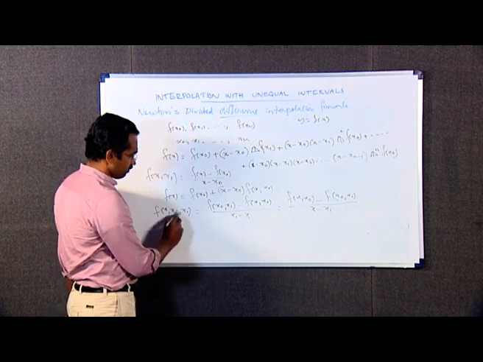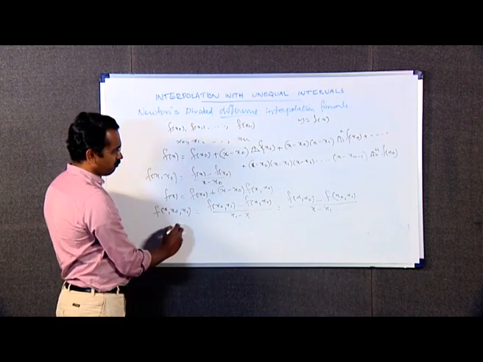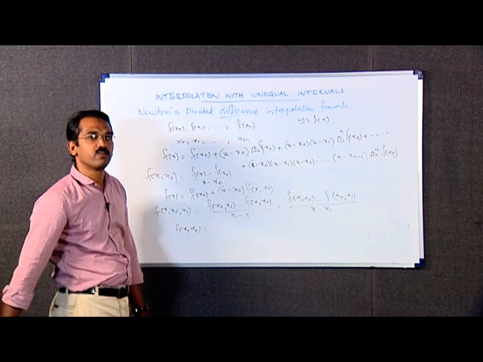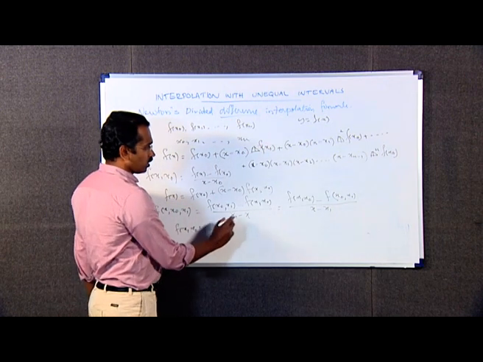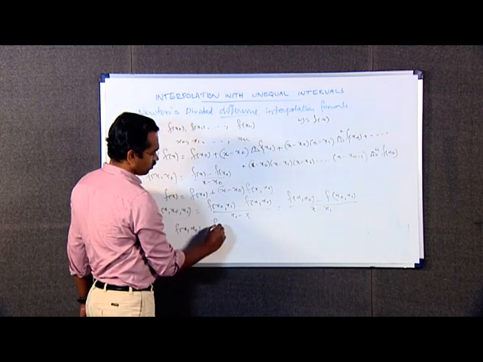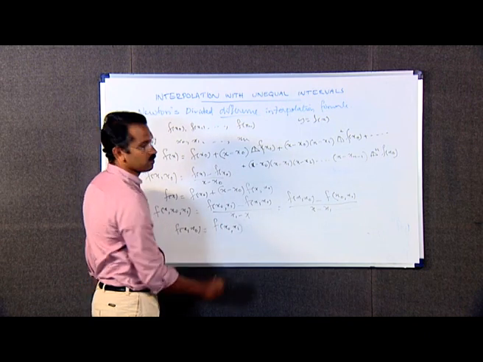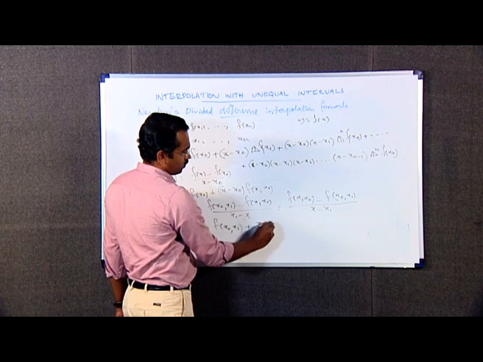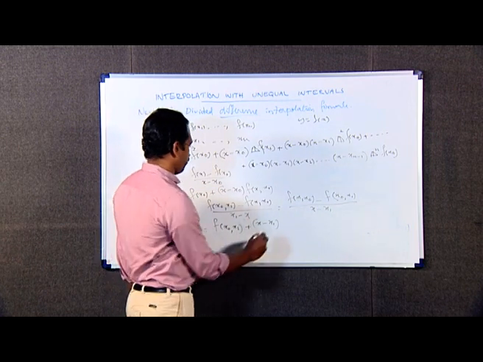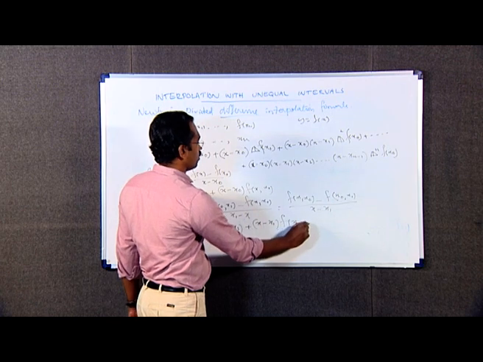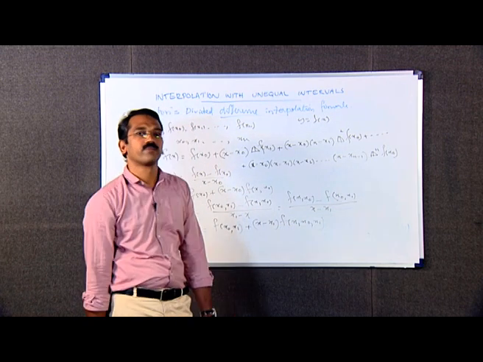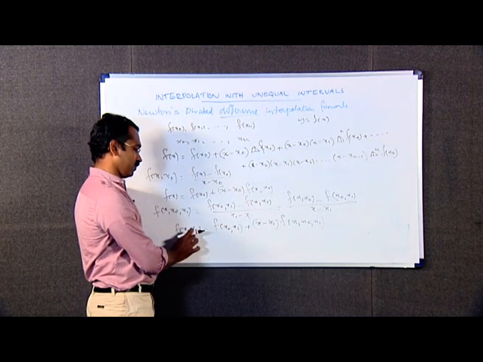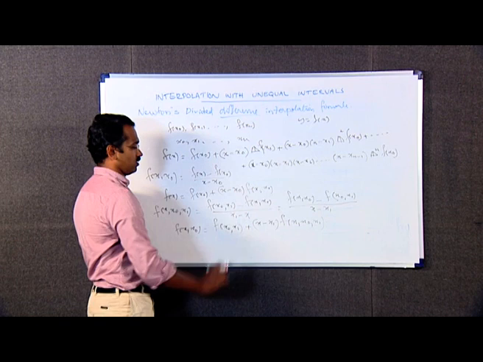Therefore, from this we can write f(x, x0) is equal to f(x0, x1) plus (x minus x1) into f(x, x0, x1). We substitute this expression for f(x, x0) in this.